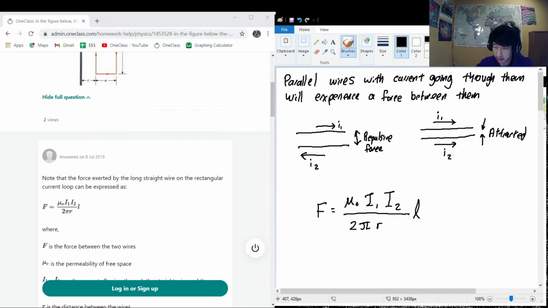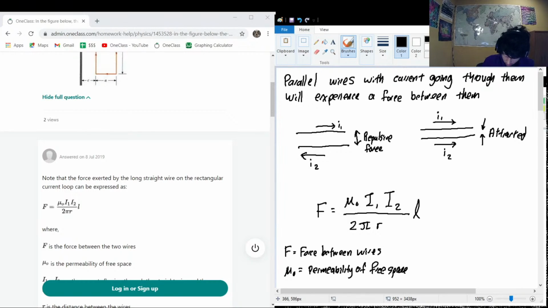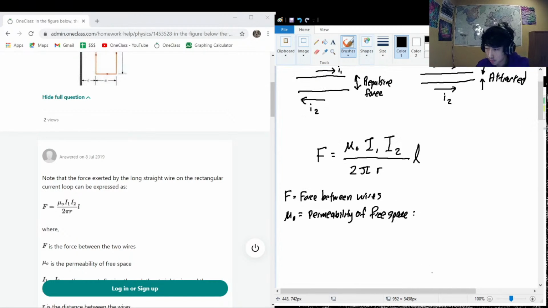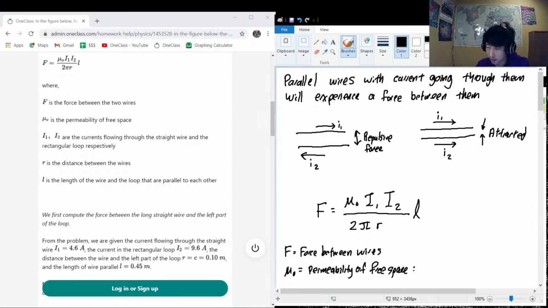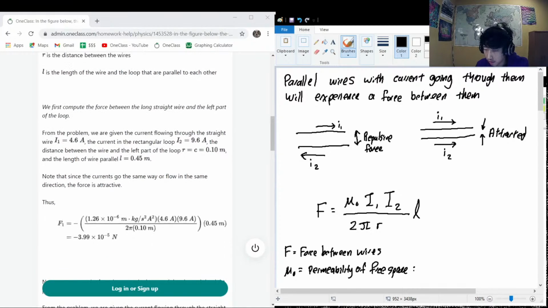Okay, so what do these things mean? F is the force between wires. Mu naught is permeability of free space. And what is this equal to? We have a numerical value. This is just like a numerical constant in the equation.